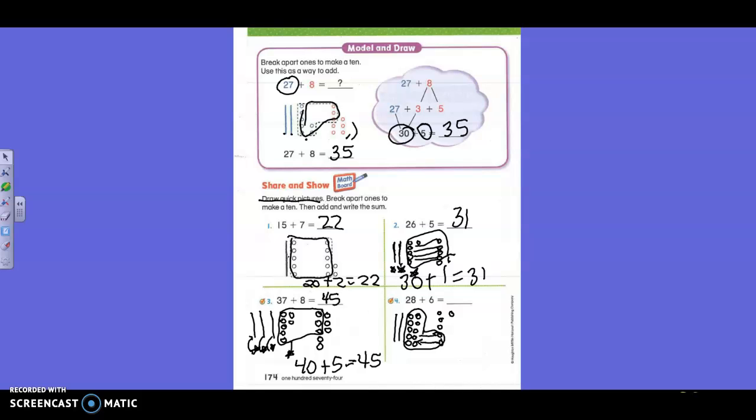3. How many lines do I have? 2. But then I made this another one, right? Yeah. So now there is 30.